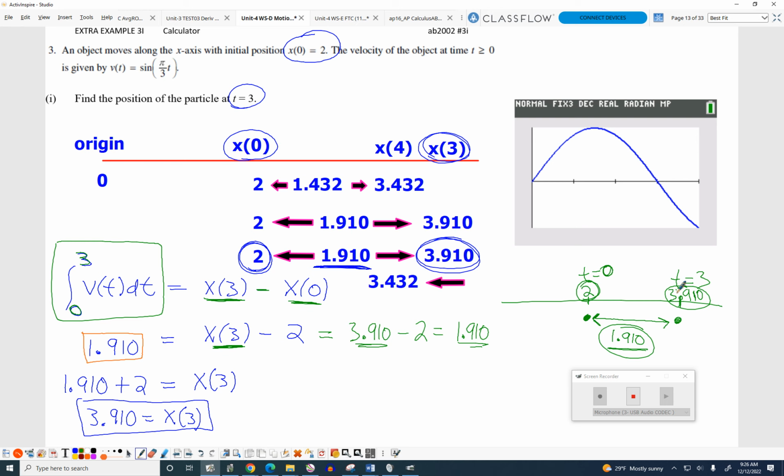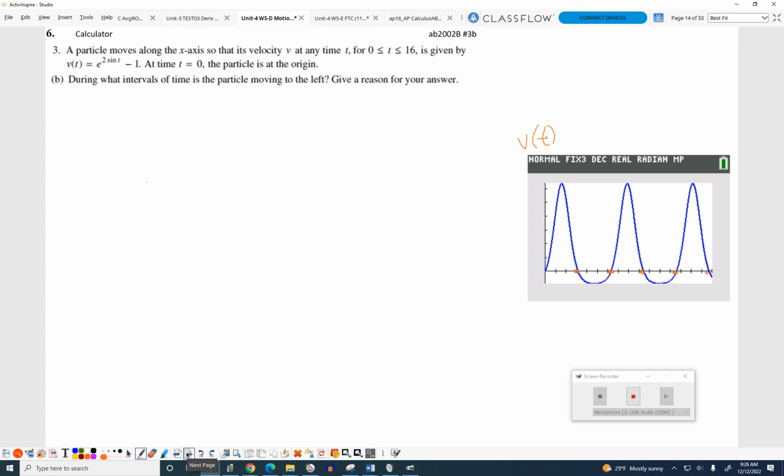Cool, next one. We're almost done with the blue now. Number 6 says at what intervals of time is the particle moving to the left? Give a reason. It's very straightforward. You graph velocity for the time period they give you. You're going to get a graph that looks like the one on the board.